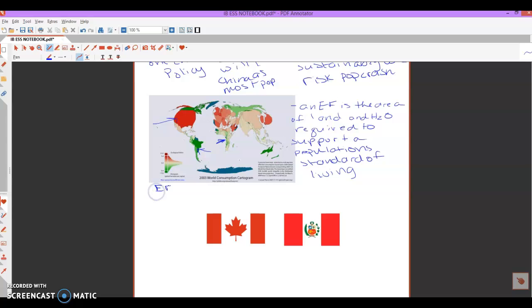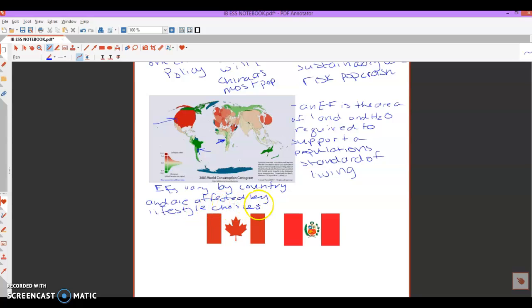So EFs, or ecological footprints, vary by country and are affected by lifestyle choices.